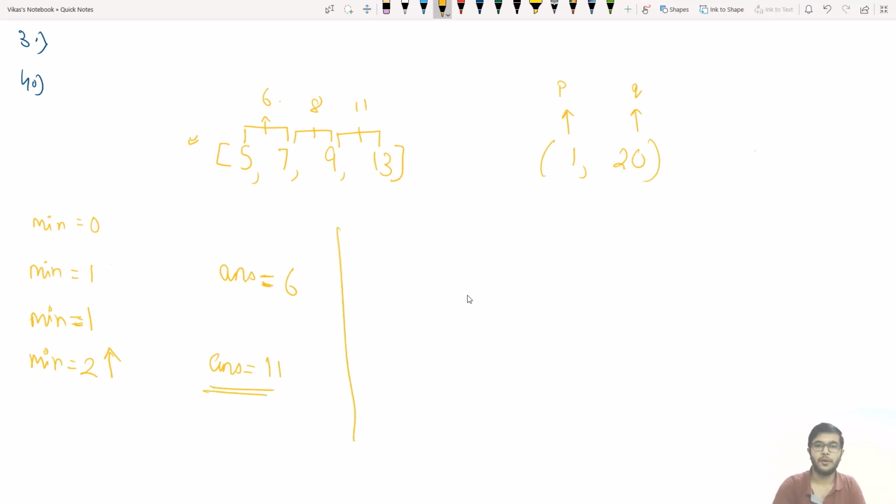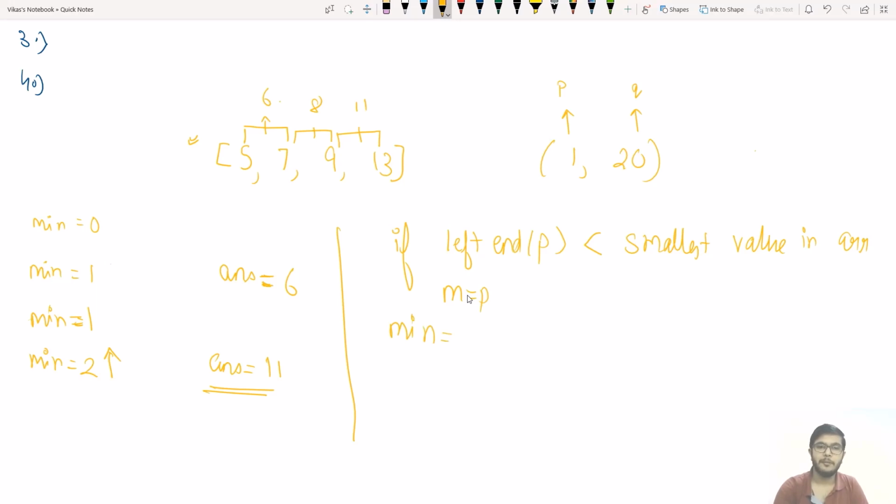Now what we have forgotten are two things. That is, if my left end, that is P, is smaller than the smallest value in the array, then m equals P is also a valid candidate. It can also maximize our min. So we are going to find the min from m equals P also.